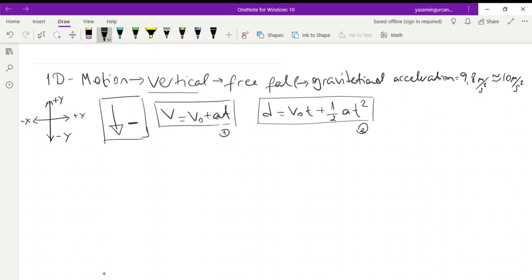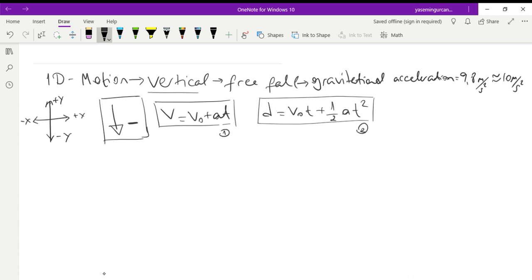Before I do that, let me say this. This vertical motion is basically created by the gravitational acceleration on Earth, which is 9.8 meters per second squared. However, it's sometimes approximated to 10 because mathematically it's easier to use in your calculations. The motion itself comes from the gravitational pull of Earth on all the objects around us with a mass.